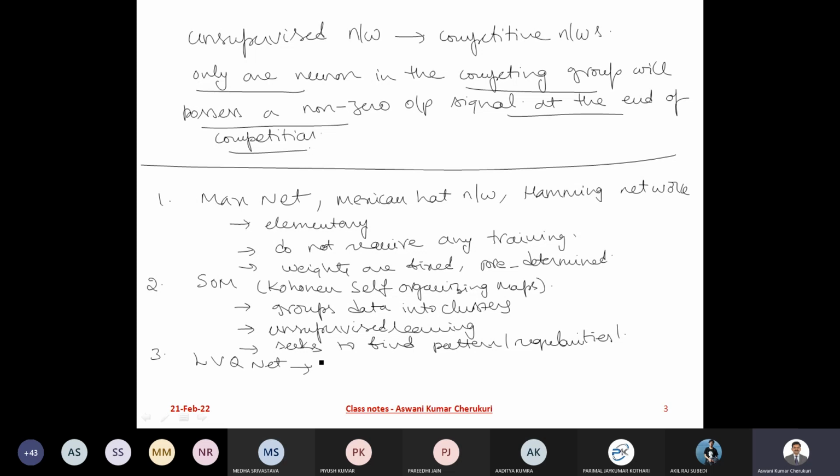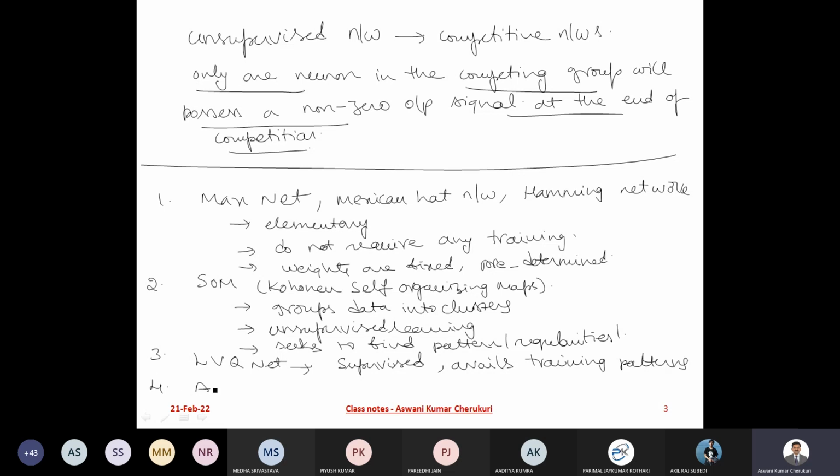This is actually a peculiar network. It is supervised in the sense that it avails training patterns.